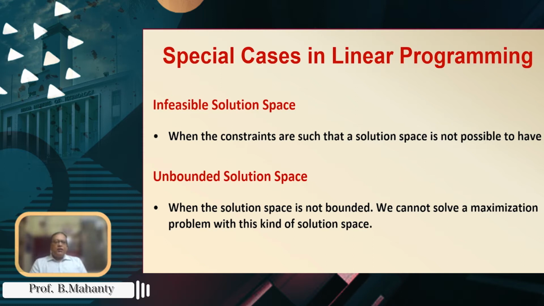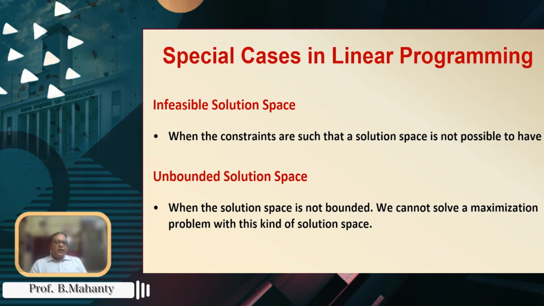The third case we shall take up is the infeasible solution space. Here the constraints are such that the solution space is not possible to have, right? So constraints will not allow a solution space to form. That means there is no solution possible to the problem at hand.